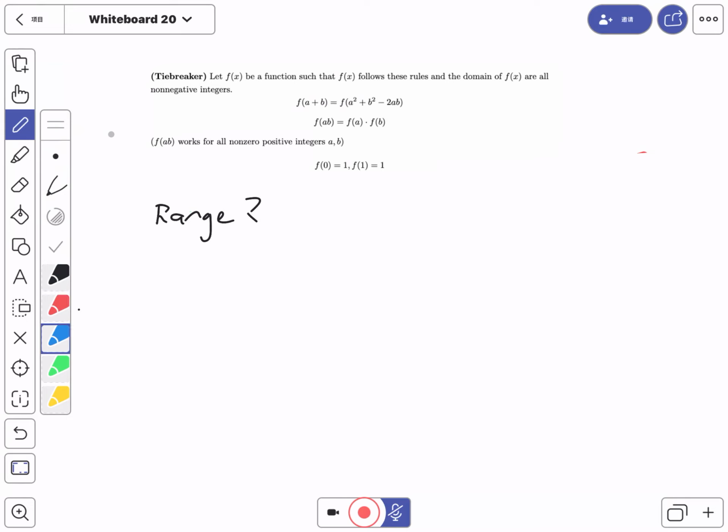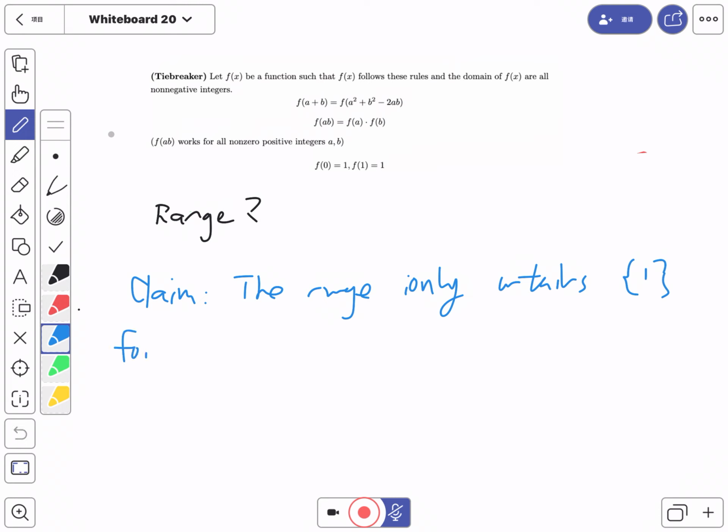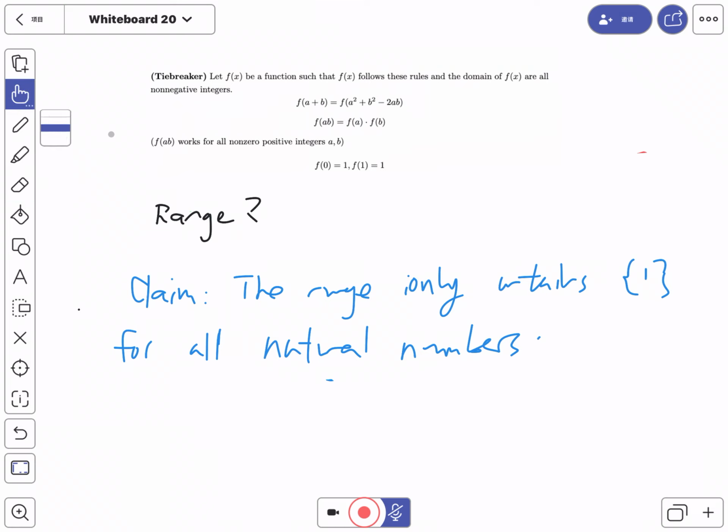So the claim is that the range only contains 1 for all natural numbers. Okay, so this is the claim. So how do we prove this?